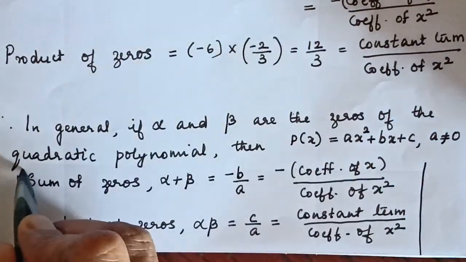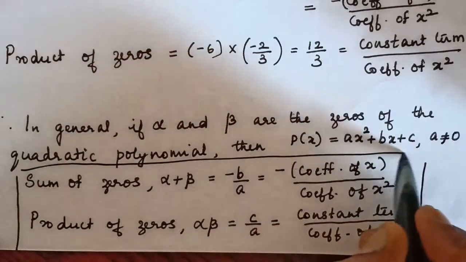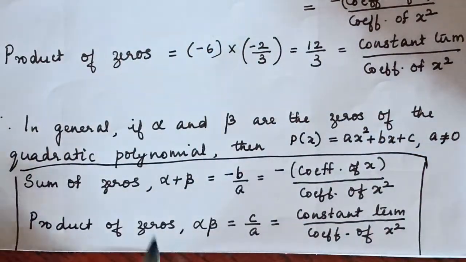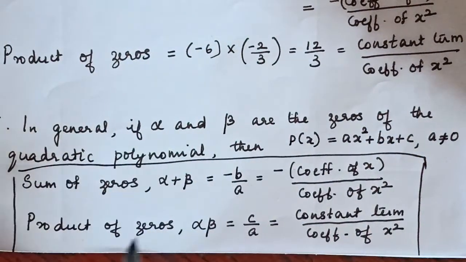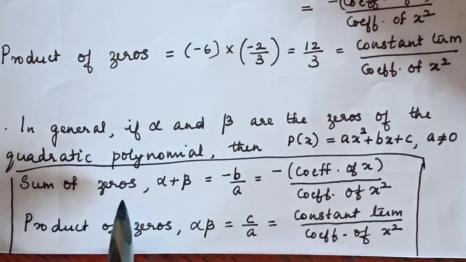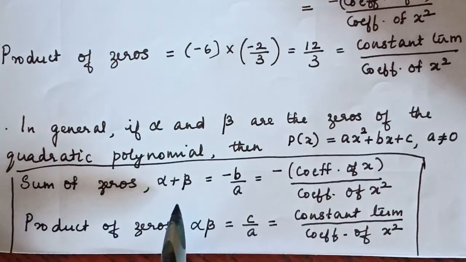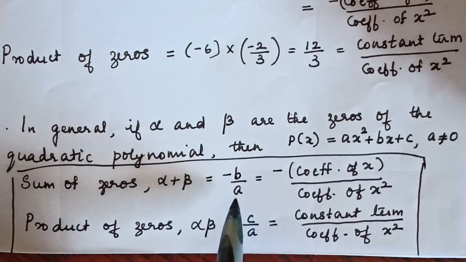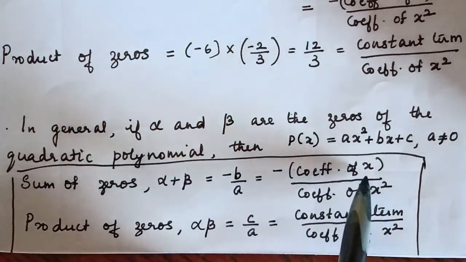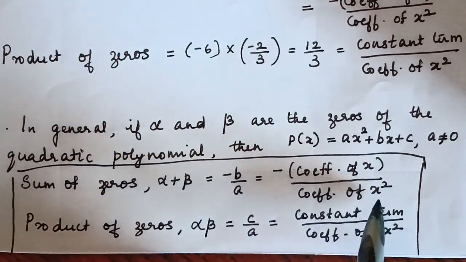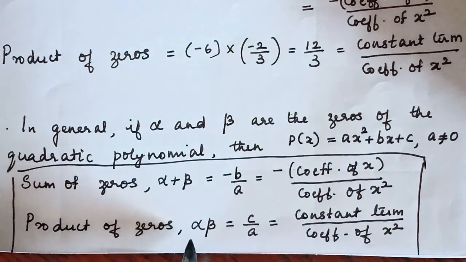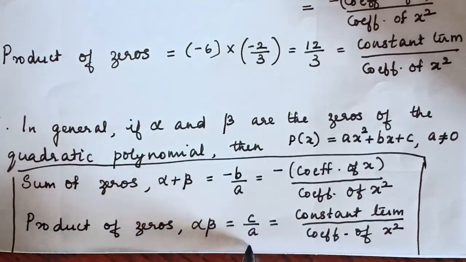This is a formula: the sum of zeros of a quadratic polynomial is minus b by a, that is minus coefficient of x by coefficient of x squared. The product of zeros is c by a, that is constant term by coefficient of x squared.